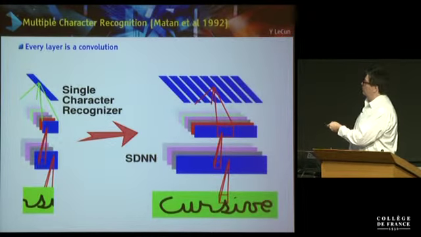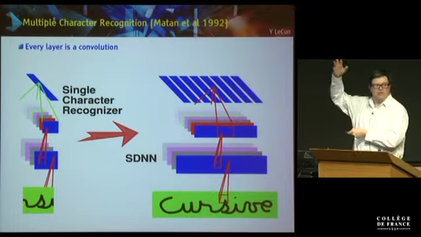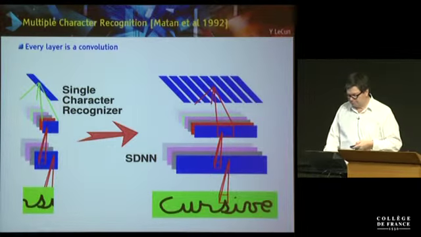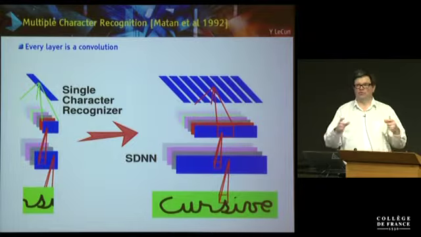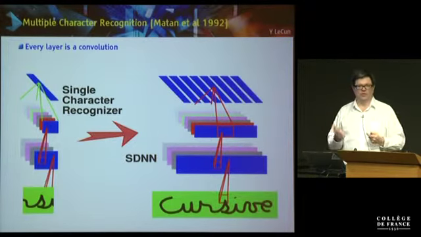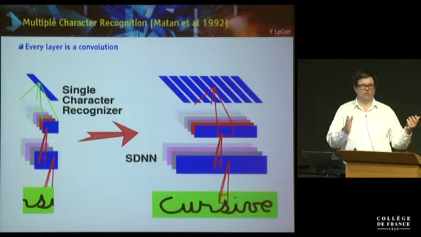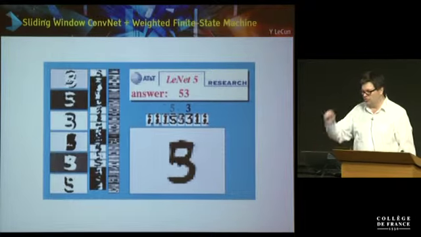The number by which this window is shifted corresponds to the product of the subsampling of all the layers within the network. There are lots of advantages with this: a convolutional network can recognize multiple objects like characters in a word, but also detect objects in context with a sliding window on a large image.